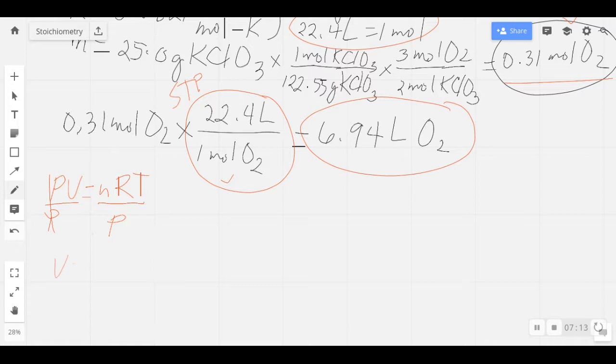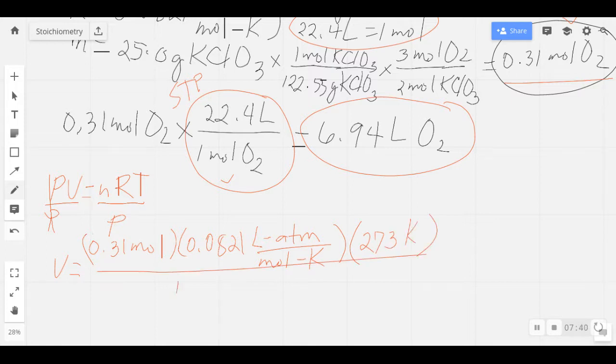So that's going to be V is equal to, we substitute n is 0.31 mole, and then we know the R to be 0.0821 liter-atmosphere per mole Kelvin. Then times temperature from the given, it's 0 degrees, or it should be in Kelvin, 273 Kelvin, divided by our pressure, which is 1 atmosphere.